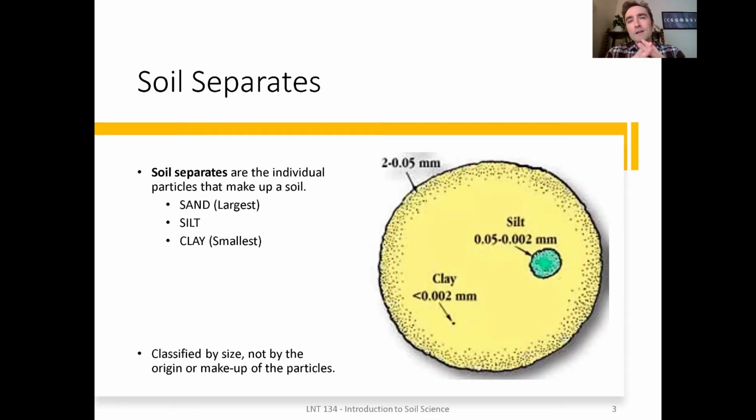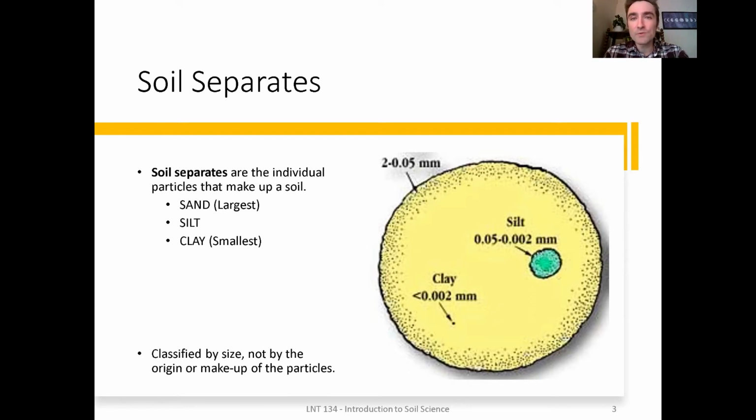There's three main classifications for soil size, the particle size. And we break them down, so we call them separates, because we separate them out into three different categories. And those three categories are sand, silt, and clay. So you may hear about people saying, oh, I've got a clay soil or I have a sandy soil.